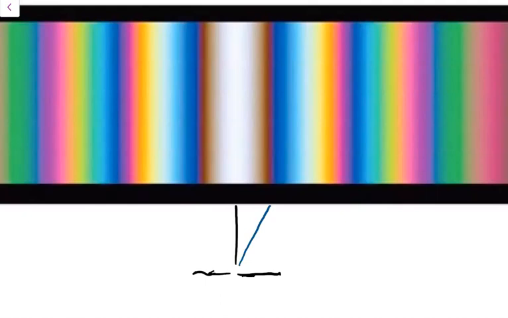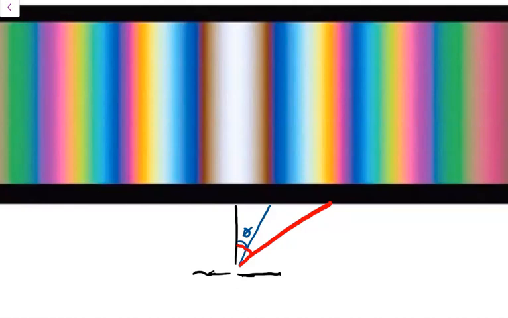A smaller wavelength will have a smaller theta. Then as you go down the color spectrum, orange, yellow, green, you'd end up with red near the end, and that would have a larger angle than the blue. Then you'd have another maximum, and then another minimum, another maximum, another minimum, and so forth.